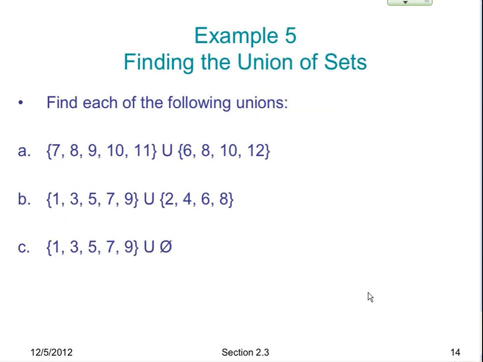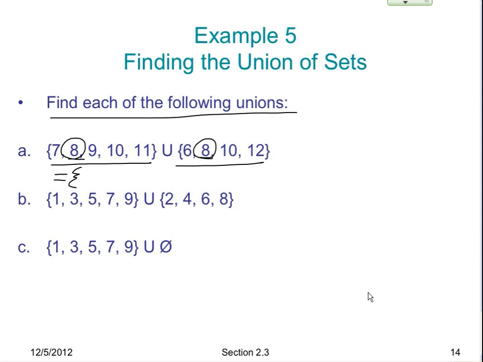Find the union. The union, we're going to take this set and this set, and we're going to put them together into one giant set. And if it's a repeat, we don't have to write it twice. So notice this has 8 and this has 8. We don't have to write 2 8s.